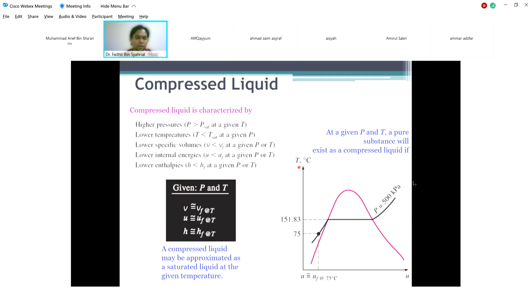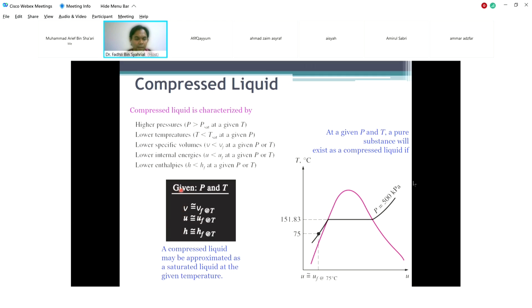So in the case of compressed liquid, there is one principle that we can use in order to find the value of each property.